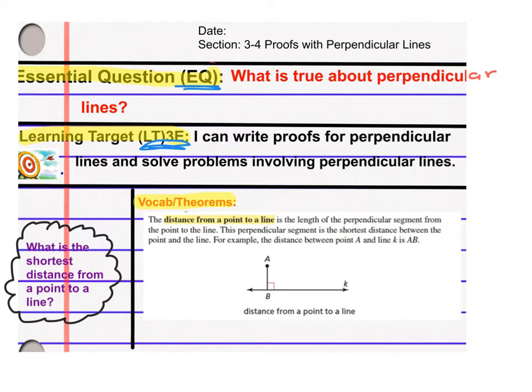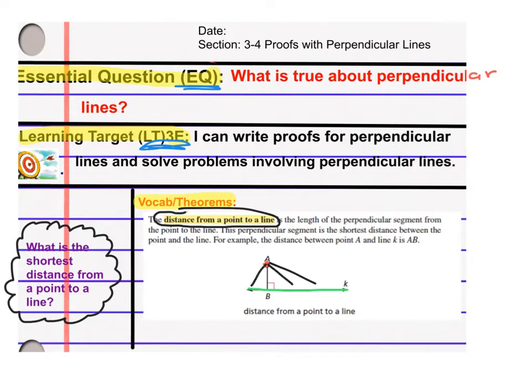I'm going to summarize this vocab, but you do need to write down distance from a point to a line. The shortest distance is a perpendicular line segment. If you think about line K, I'll make that green, line K as your line, and point A as your point. The shortest distance from point A to K: I could go like this, I could go like this.